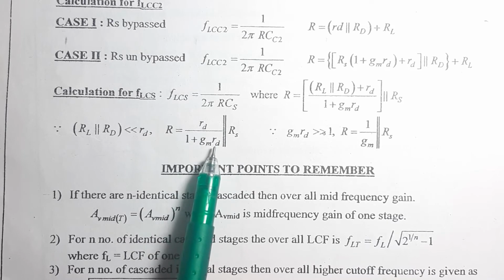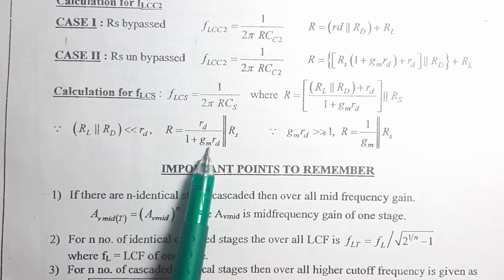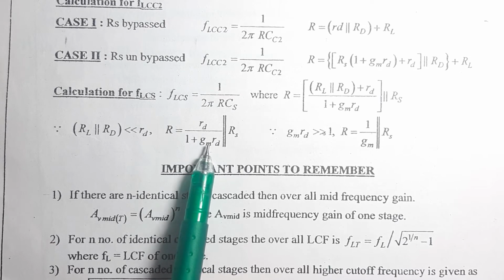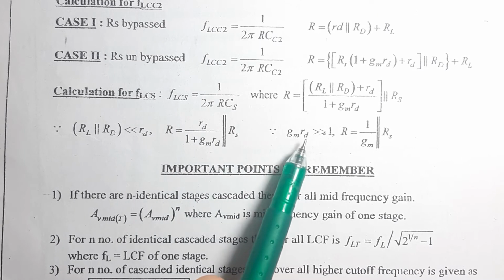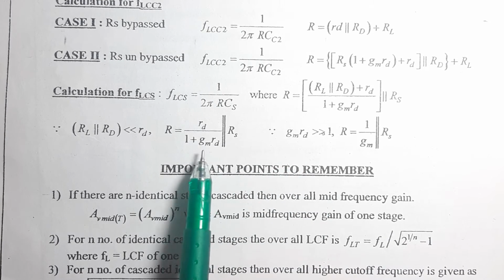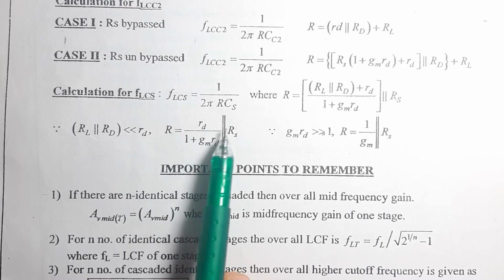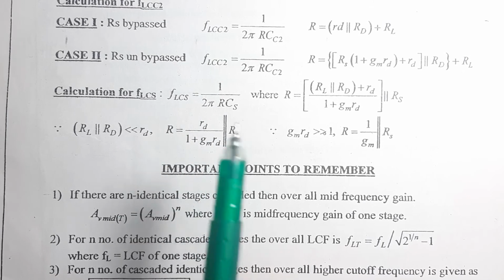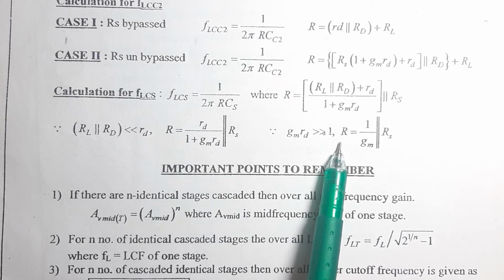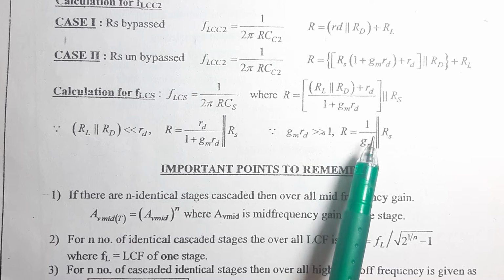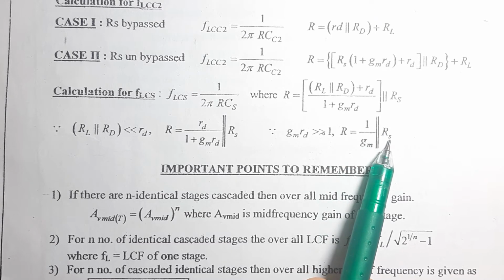But of course your GM into RD will be much bigger, or in other words, GMRD is much greater than 1. So your 1 can be discarded, and RD upon GMRD is nothing but 1 upon GM, in parallel to RS. So whenever you see a resistance in the source, it is not simply given by RS, it is given as 1 by GM in parallel to RS over here.